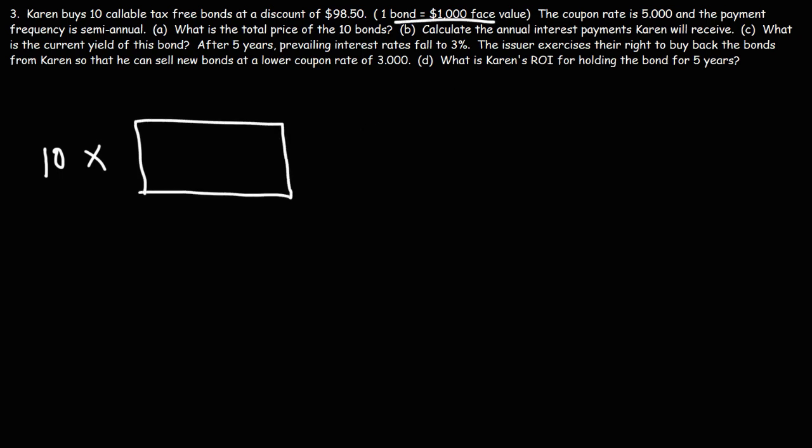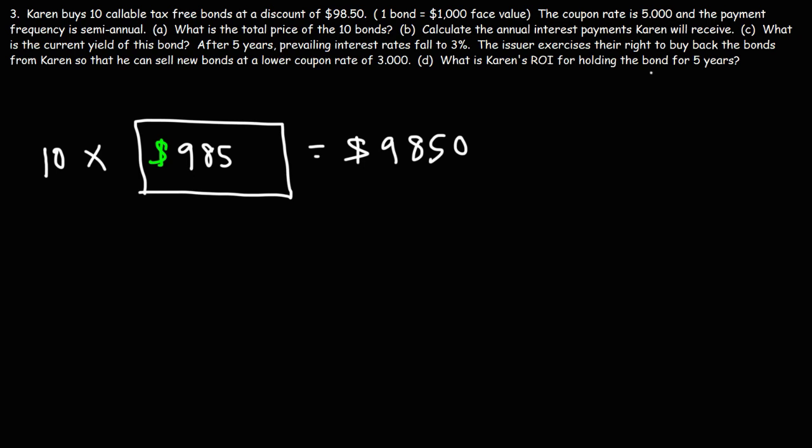Remember, one bond has a face value of 1,000, so we need to multiply this by 10. So the bonds that she's paying for is going to be $985. So her total investment is $9,850. So that's the total amount of money that she's going to pay for the 10 bonds.